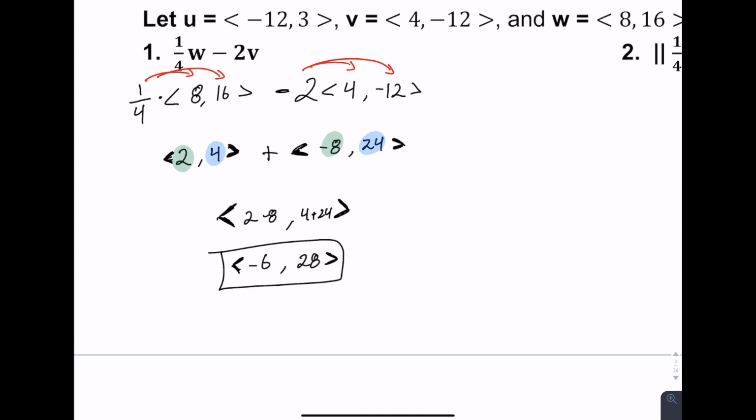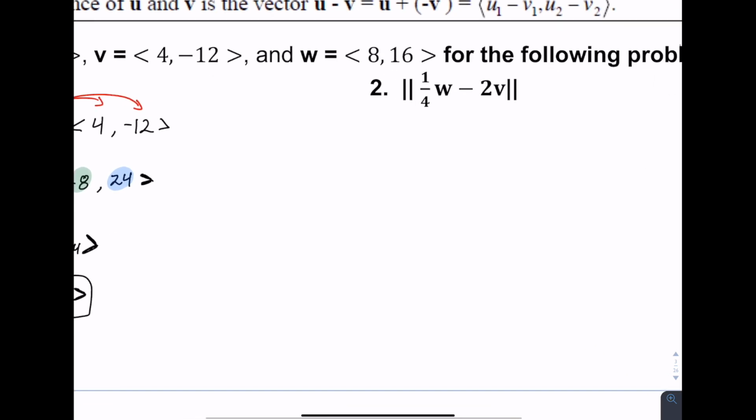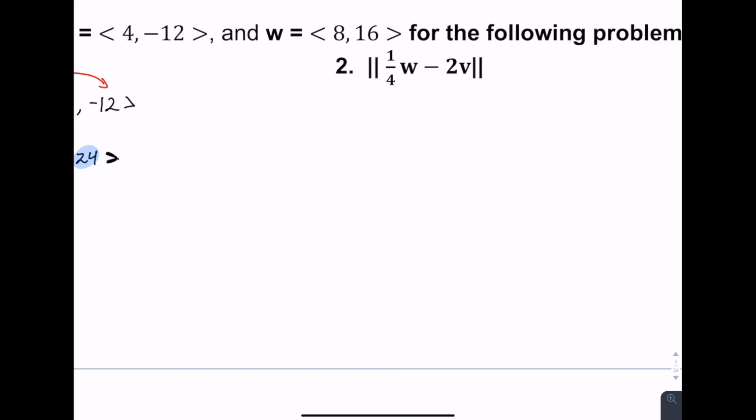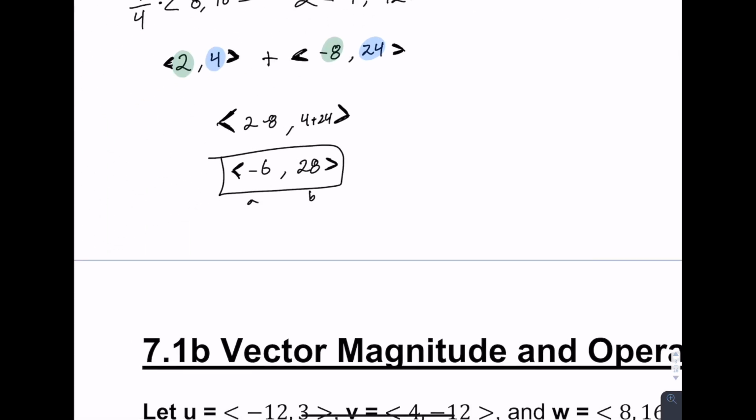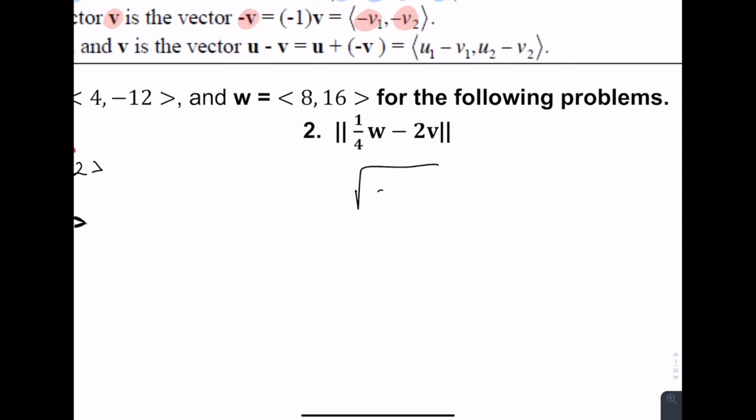This is 1/4 W minus 2V. Now, if they want us to get the magnitude, well, again, this is A, this is B, so the answer would be the square root of A squared plus B squared. So this would be the square root of negative 6 squared plus 28 squared.